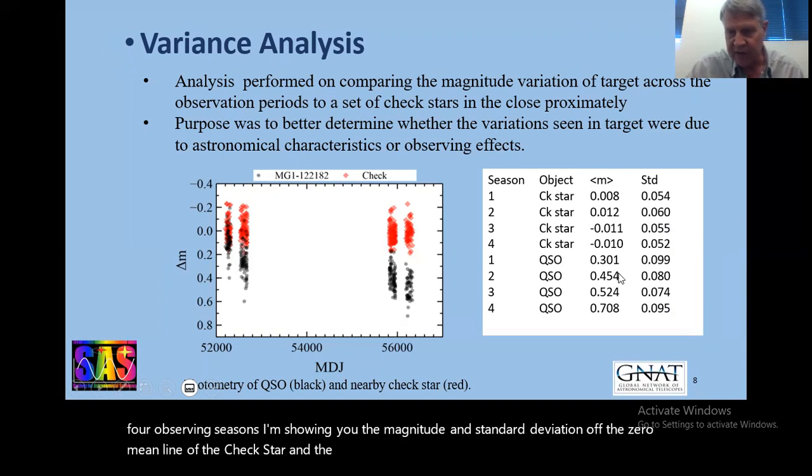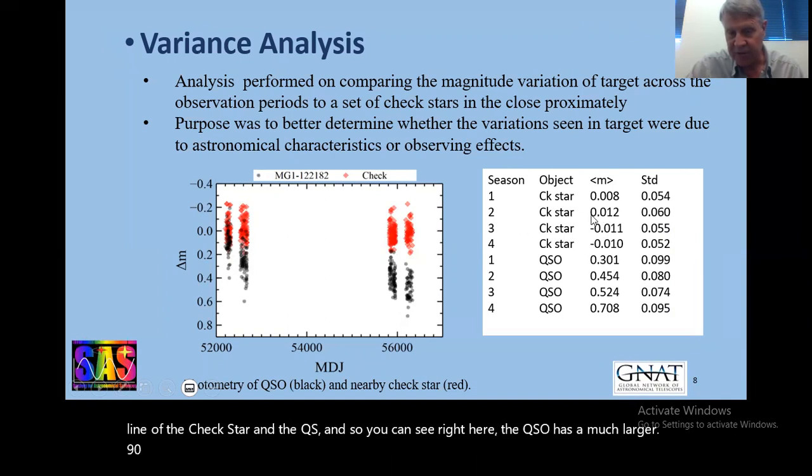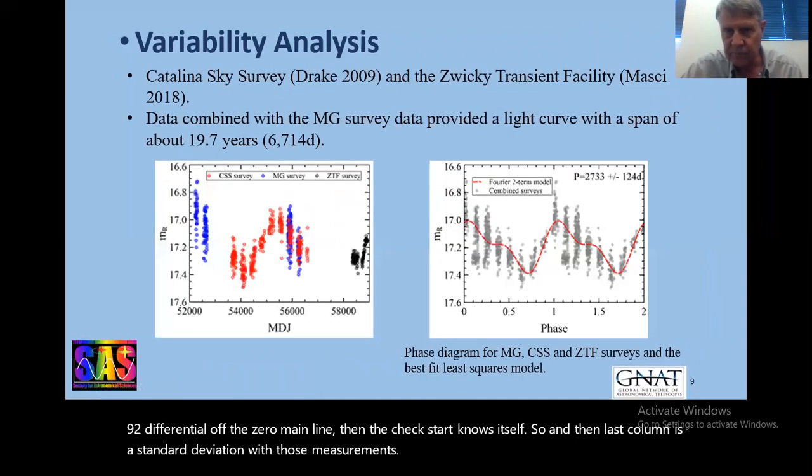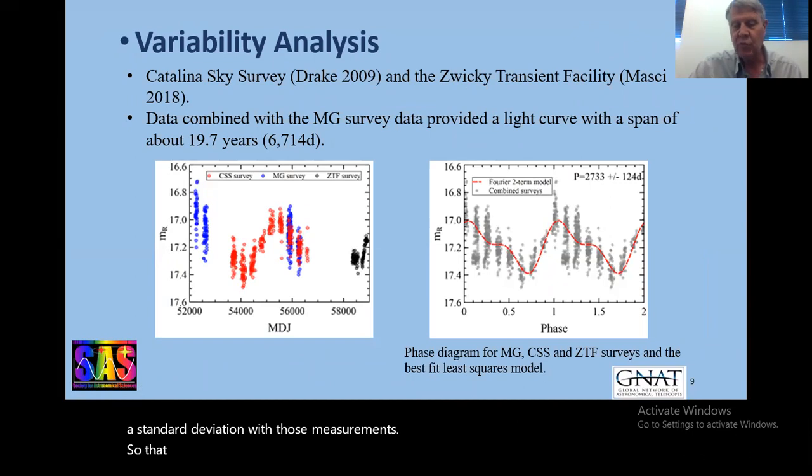You can see the QSO has a much larger magnitude differential off the zero mean line than the check star does. The last column is the standard deviations of those measurements. That was a quick summary of the photometry analysis.